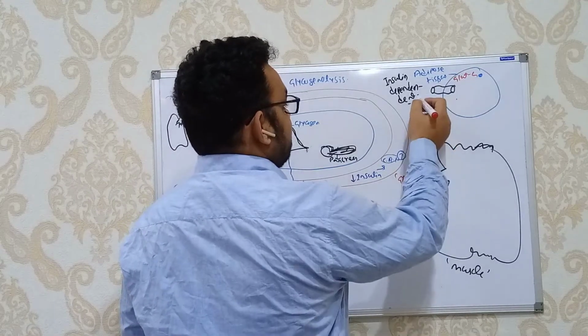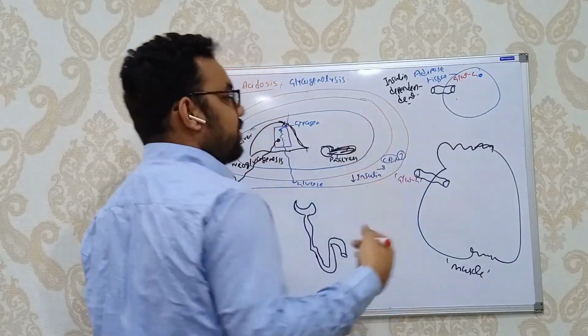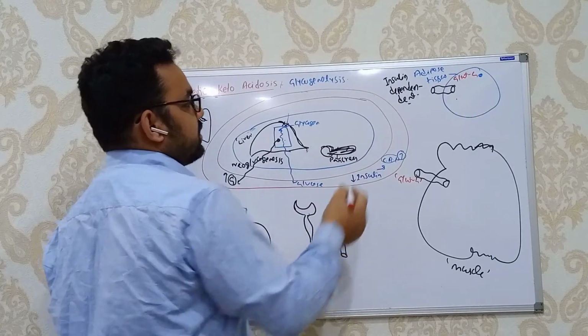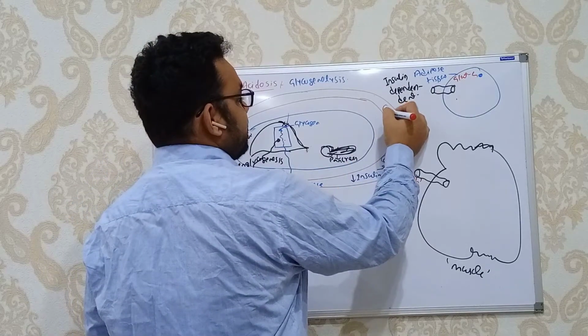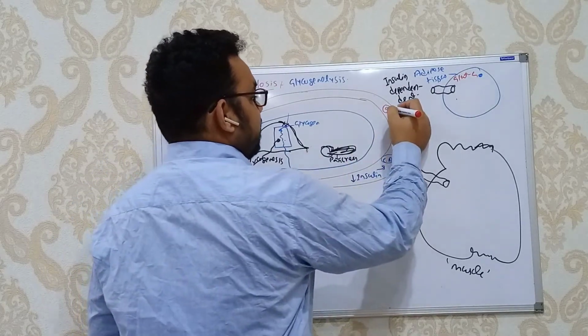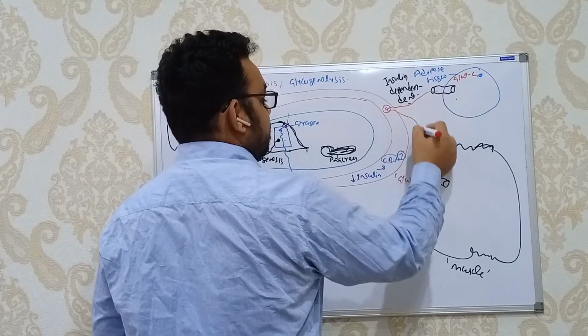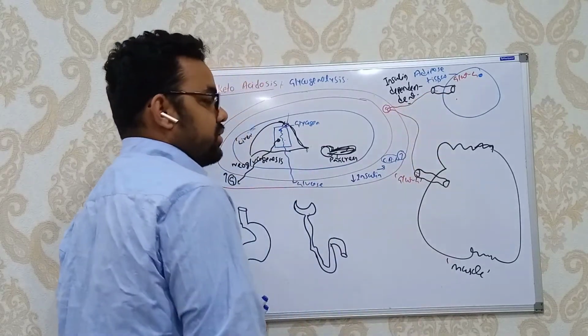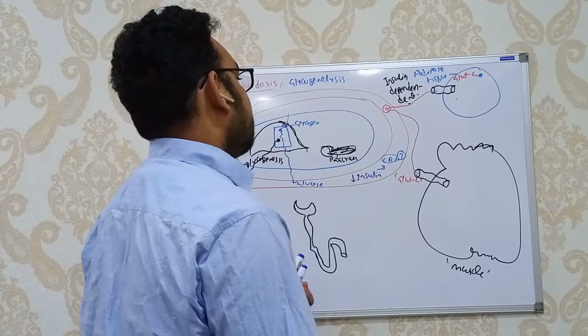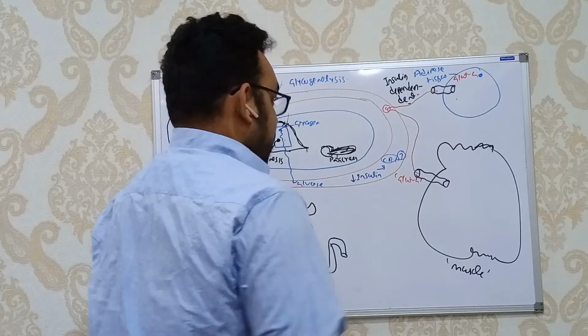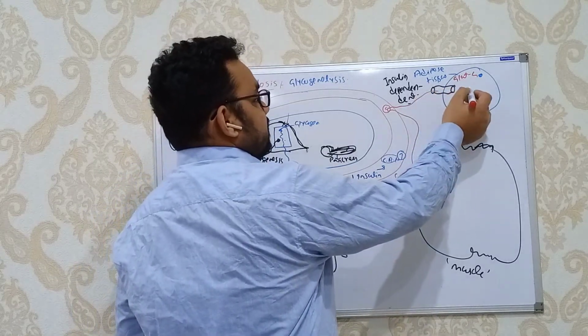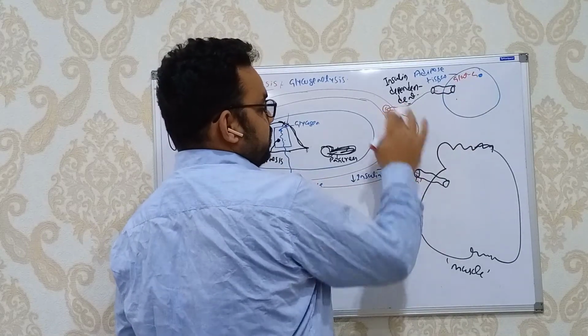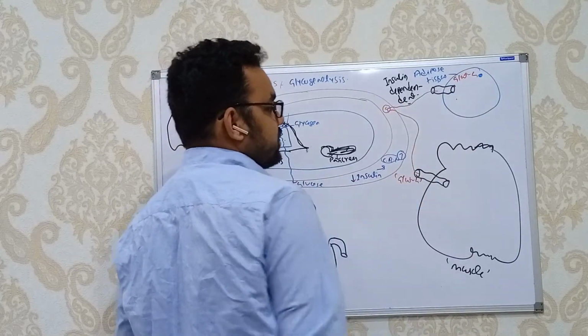So the main function for them: under normal physiological conditions, if someone is eating anything, whenever the glucose level is increased, normally it will go here by the transport mechanism of GLUT4, this glucose will be taken by these adipose tissue cells, and this glucose will be taken by the muscular cells.